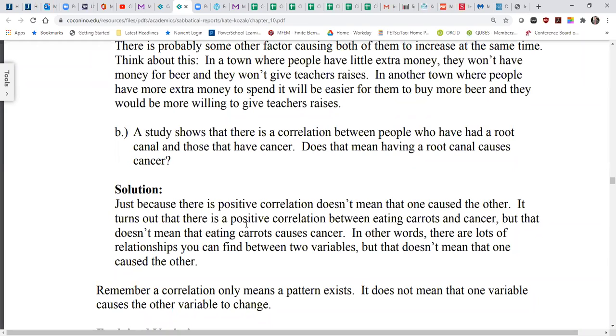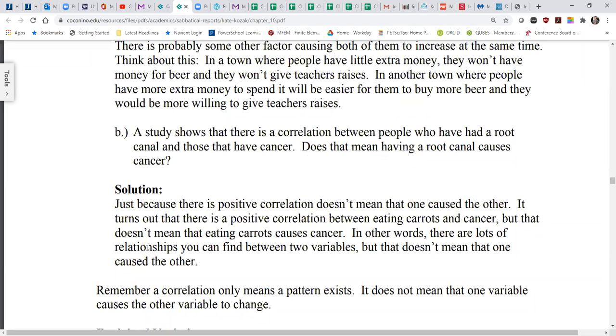So this is another example. Studies show that there is a correlation between people who have had a root canal and those that have cancer. So does that mean having a root canal causes cancer? No. Because there is a positive correlation doesn't mean that one causes the other.